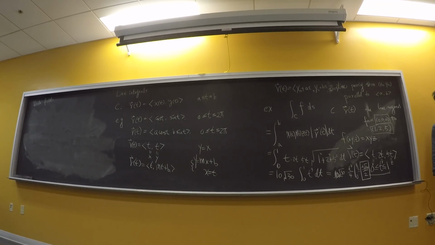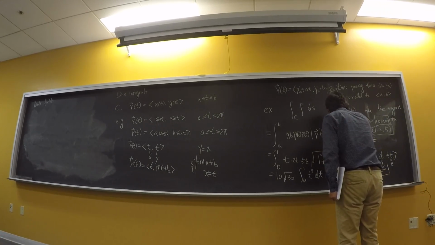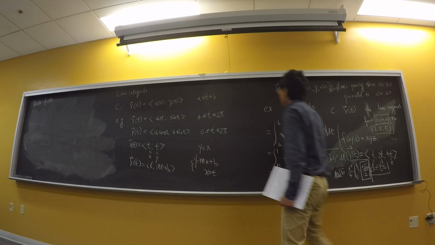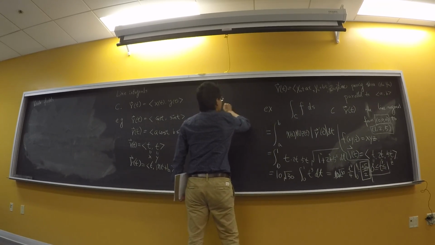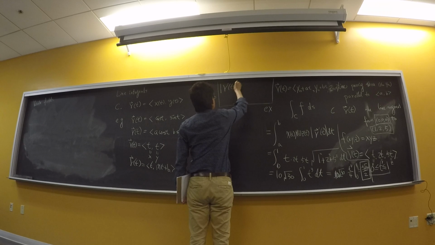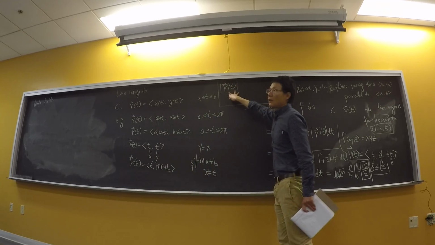Any other questions? How do you get the square root of 1 squared plus 2 squared plus 5 squared? This is another very valuable question. So this r prime, the length of r prime is the arc length element.